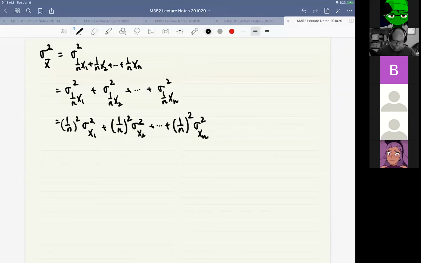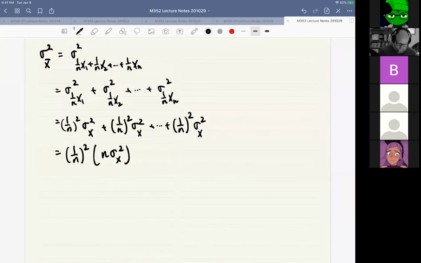That looks very pretty. And then we remember that all of these random variables are actually the same. So those are all sigmas. On the one hand, I can factor out a 1 over n squared because that's in every term. And on the other hand, I've got n of these sigmas.